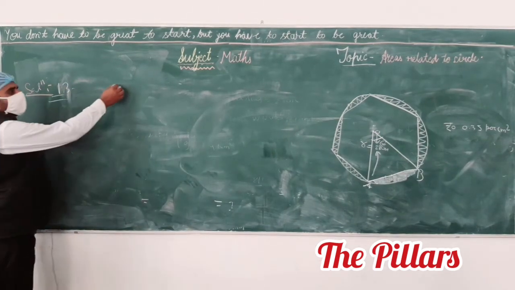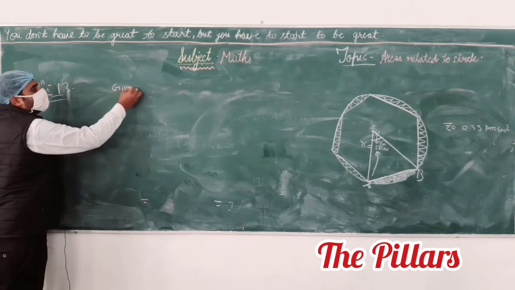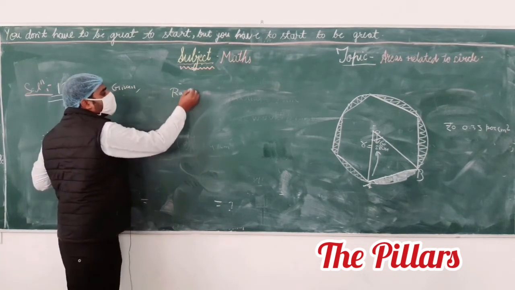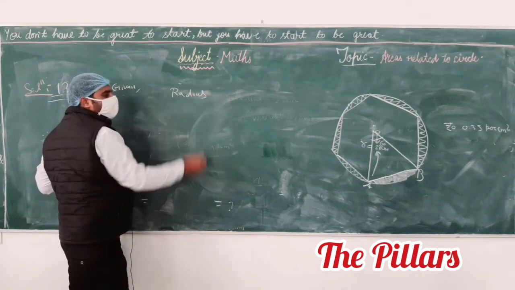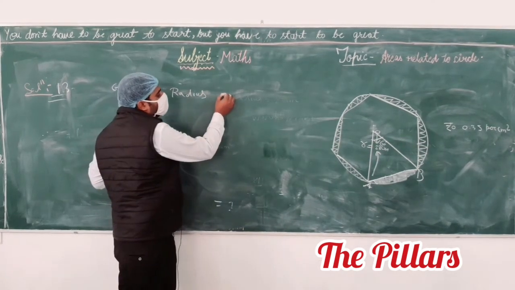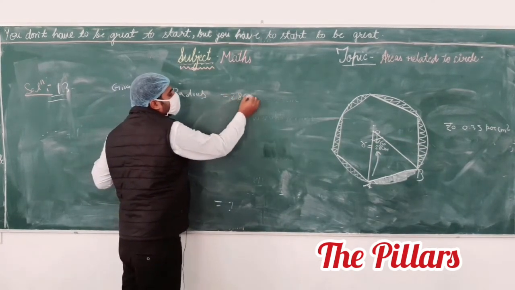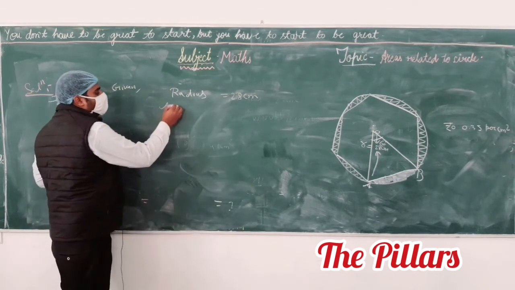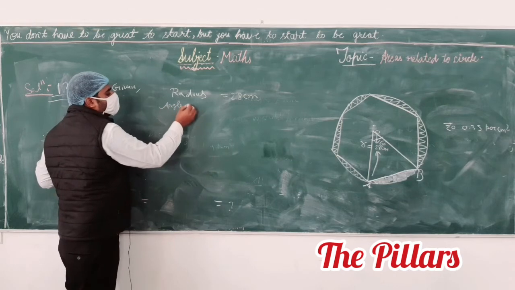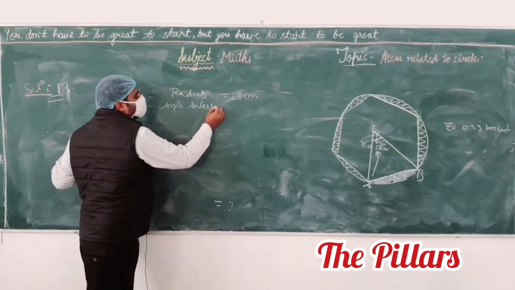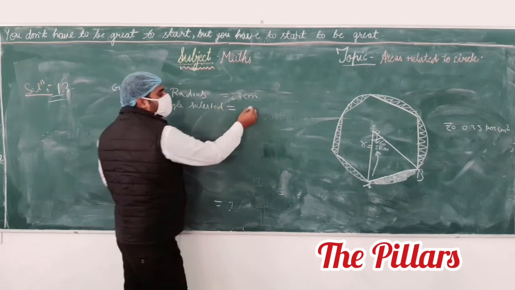Write down the solution. Given radius equals 28 centimeters. Angle subtended equals what? 360.